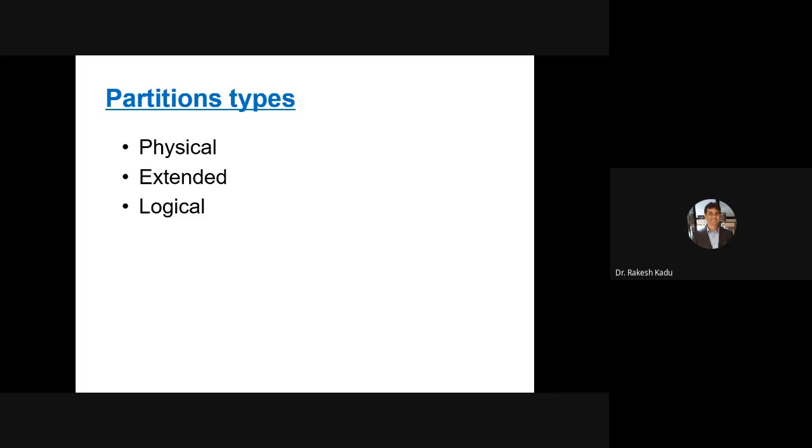Suppose as a system administrator you require more than 4 partitions, for example if you are running 10 different servers or 10 different applications, and for every server you want to allocate a different partition. Due to this limitation we are not able to create more than 4 partitions.